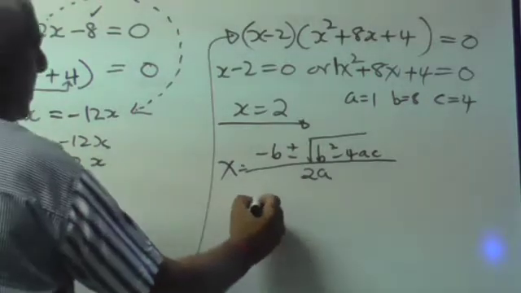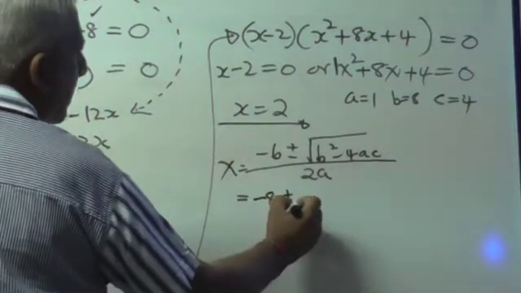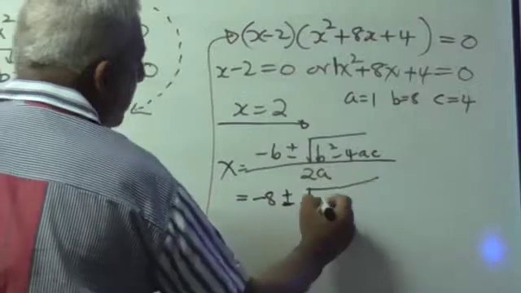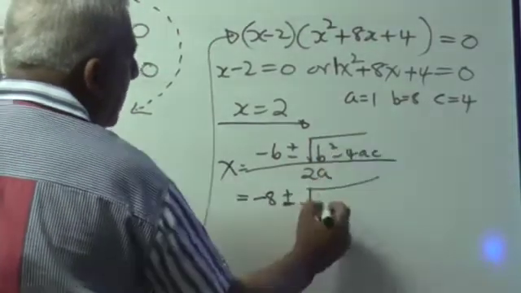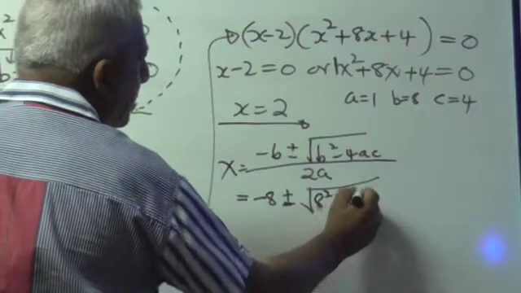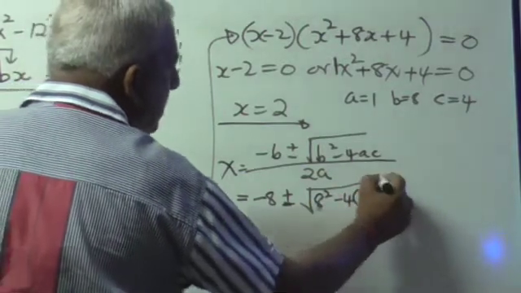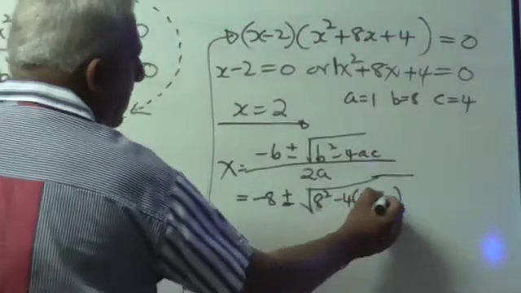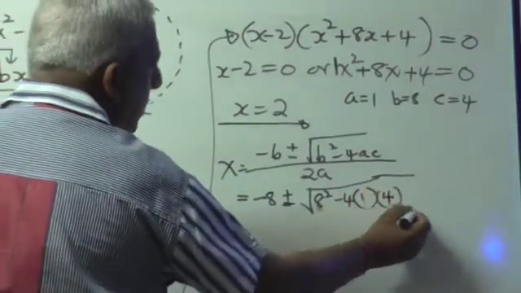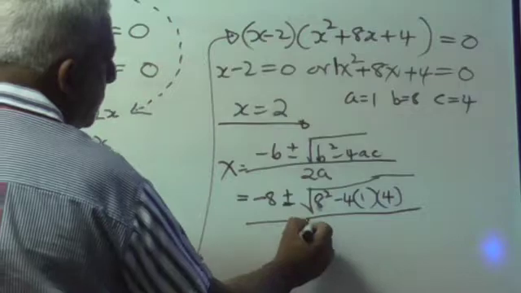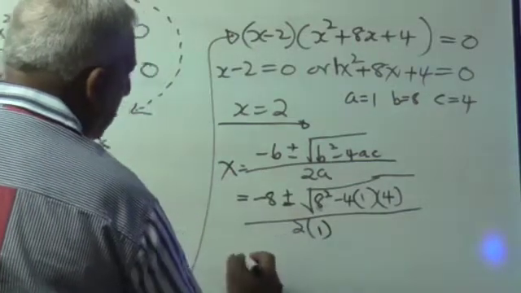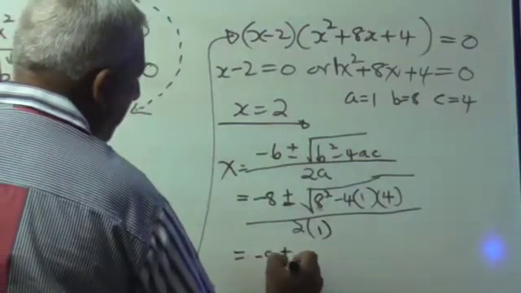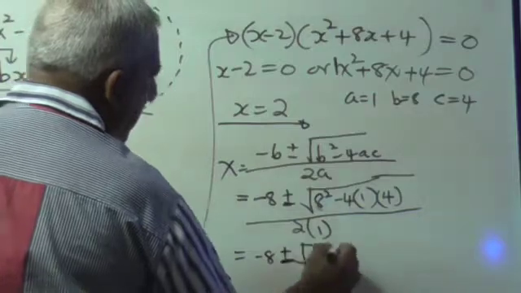So you will end up with negative 8 plus or minus the square root of 8 squared minus 4 into a into c. Well, a is 1 and c is 4, all over 2 into a, which is 1.